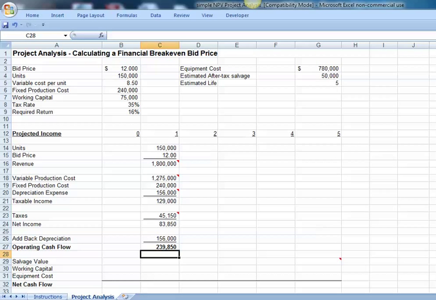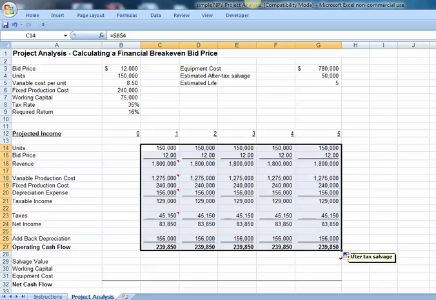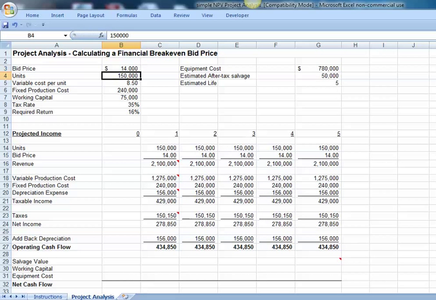And so we expect this project to generate $239,850 in operating cash flow every year for, and we can just copy that across, 5 years. And again, notice as we change the bid price, our operating cash flows change accordingly.